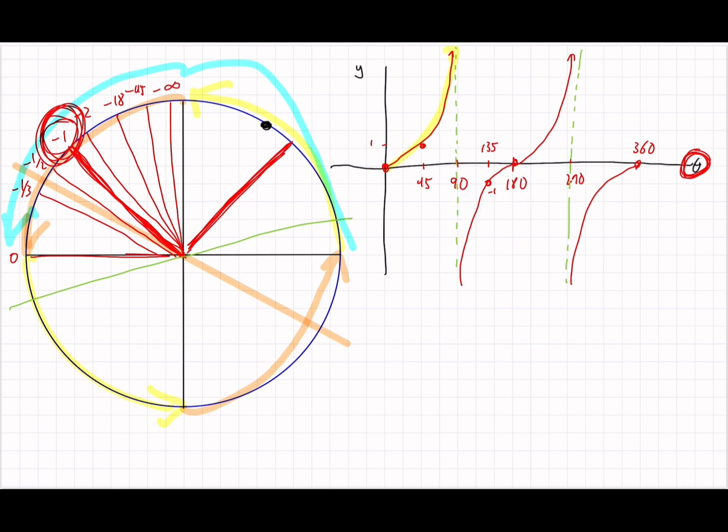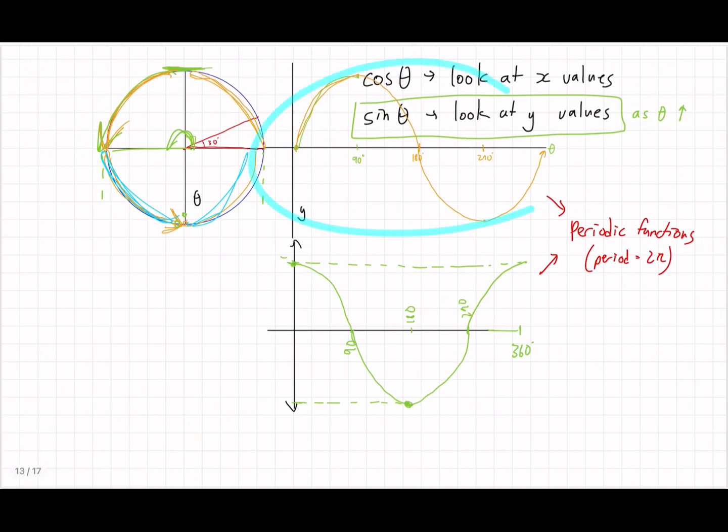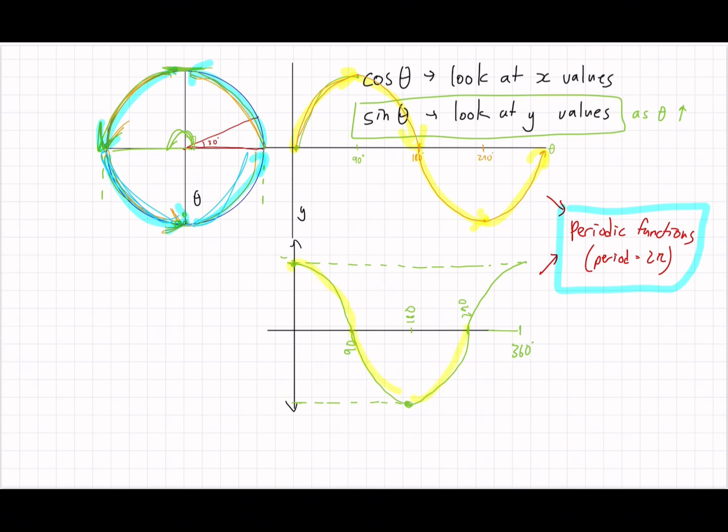So the tangent value is different from the cosine and the sine because these are periodic functions whose period is 2 pi, right? Because in every one of these quadrants, there's a different shape. For a sine value, it was positive increasing, then positive decreasing, then negative decreasing, then negative increasing. For cosine also, every one of the 4 parts was different.